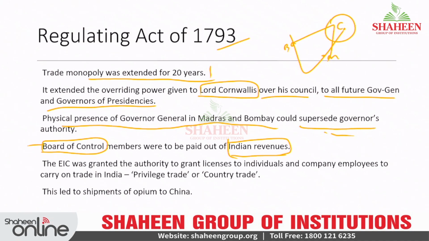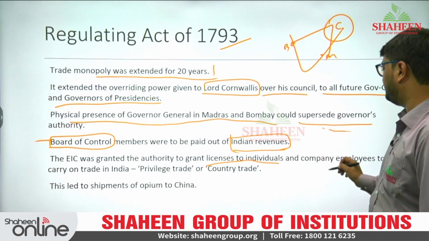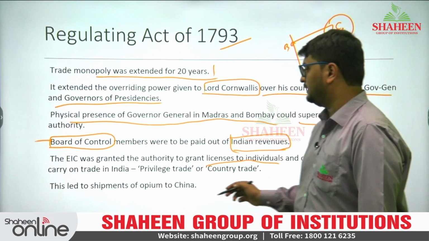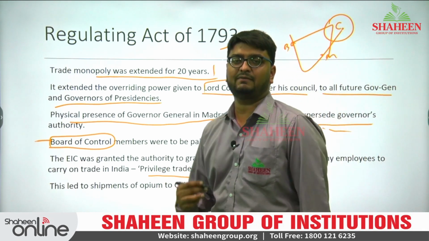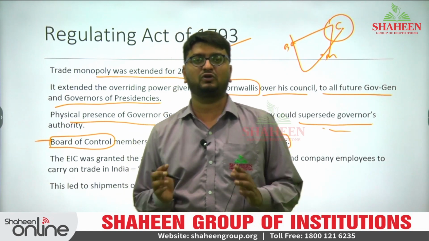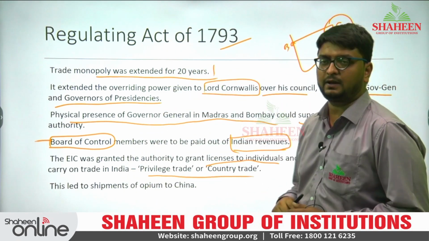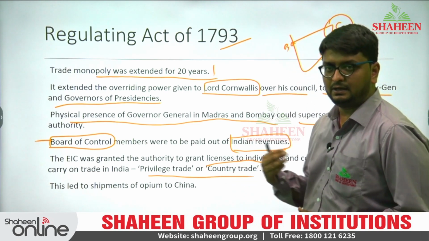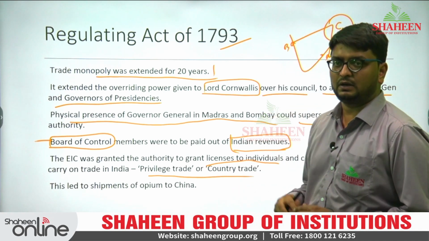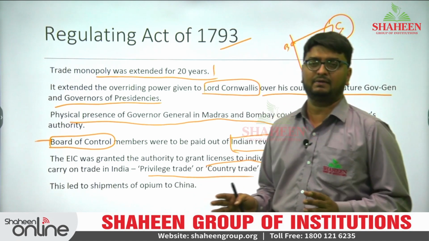Then the East India Company was also granted the authority to grant licenses to individuals and company employees to carry on trade in India, which was privileged trade or country trade. You remember that the 1773 Regulating Act stopped private trade, but now in the 1793 Act, privileged trade and country trade was restarted. So on one hand, the East India Company has the trade monopoly.